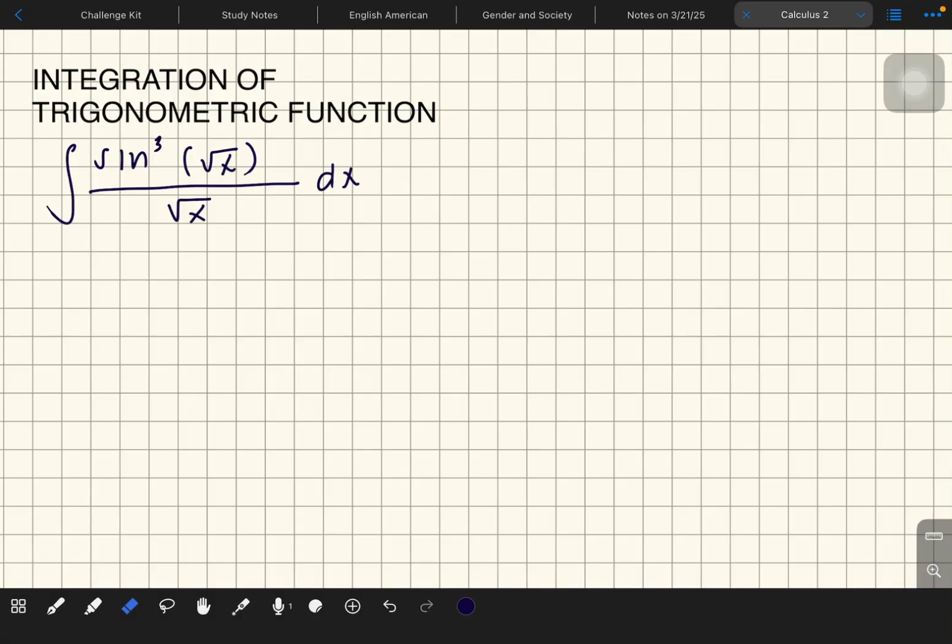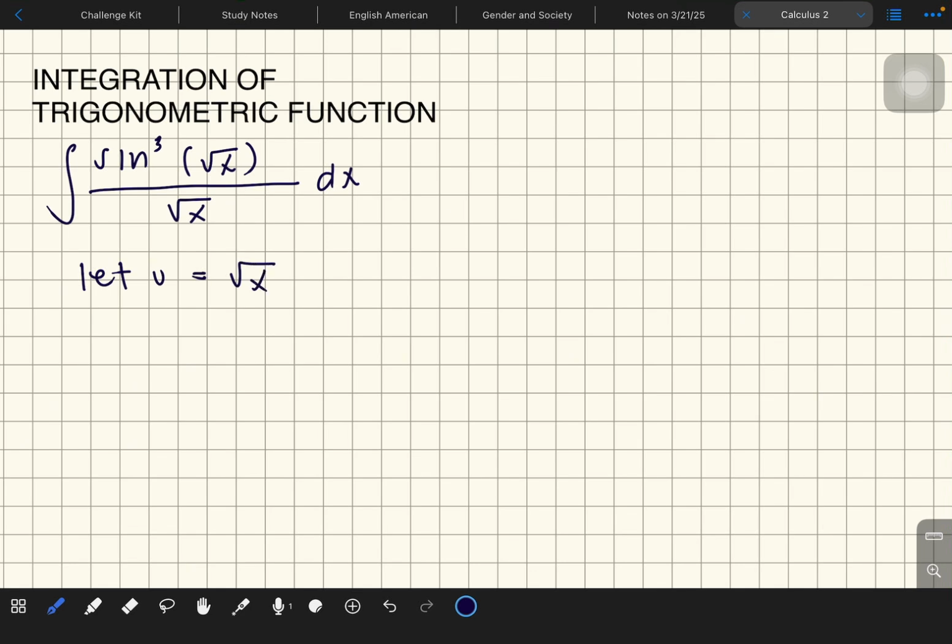So we have given a problem of integral of sine cubed square root of x over square root of x dx. So now we let u equal to square root of x so that we can proceed.